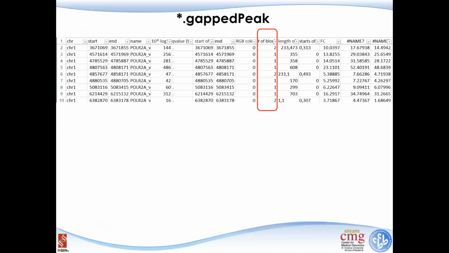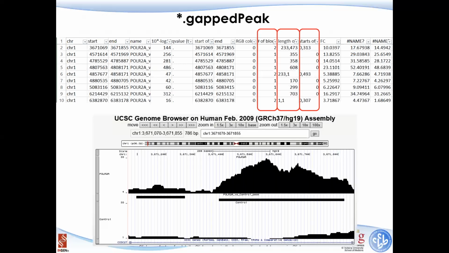They also show you the length of each block, the first one, the second one, and the start positions. I picked the top one to show you how it looks. This is the whole region for the first one, but you can see it has 2 blocks, and between them there is a gap here.